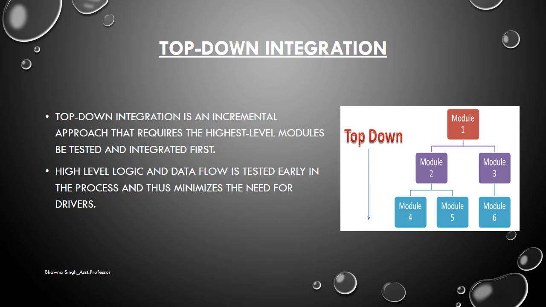Because of this, many design flaws or errors can be detected and fixed early, because we are testing the critical modules first. In this method we add all the modules incrementally one by one and check the data flow in the same order.